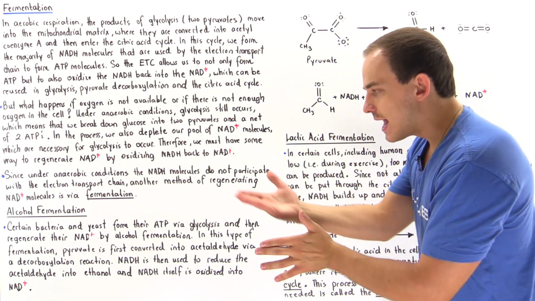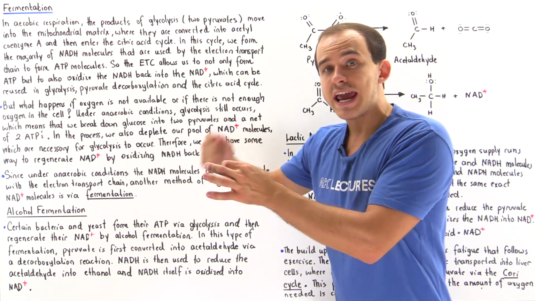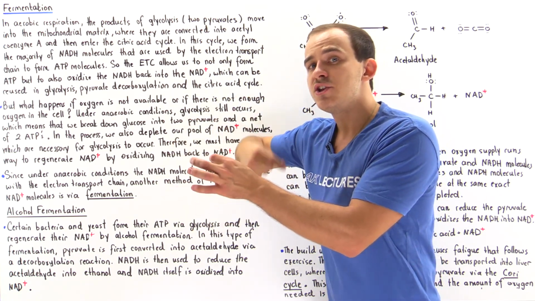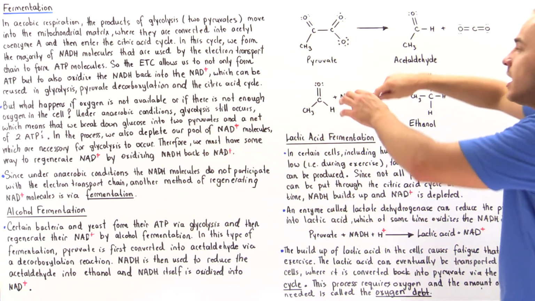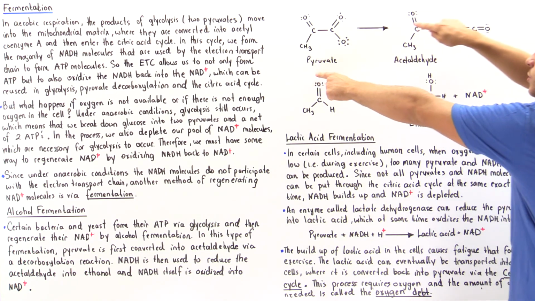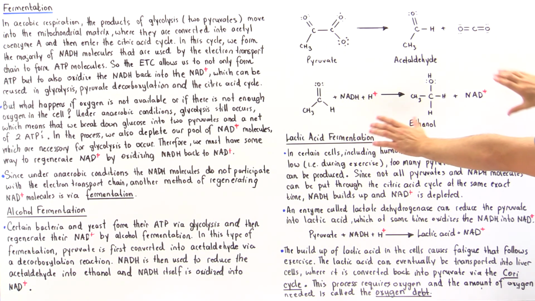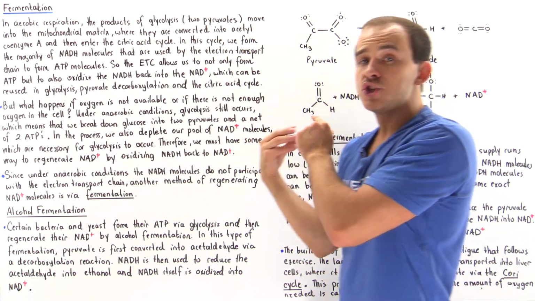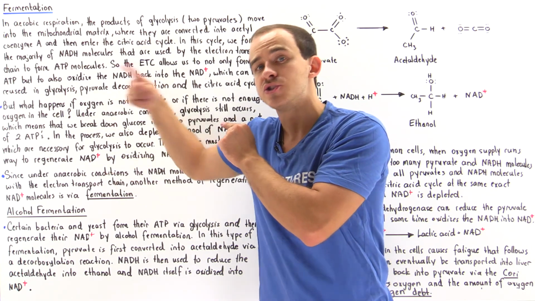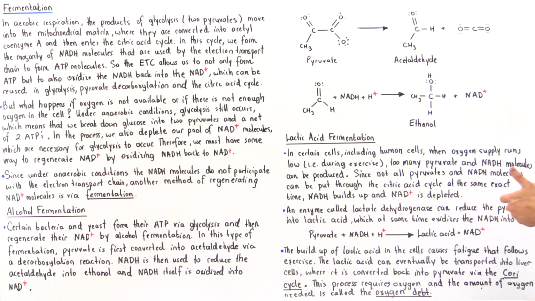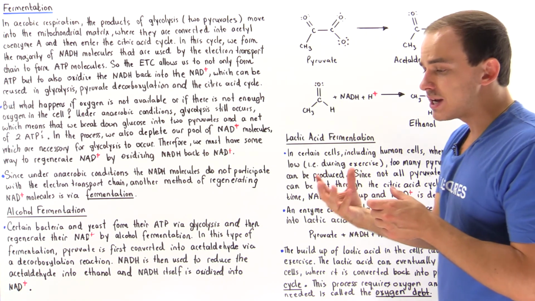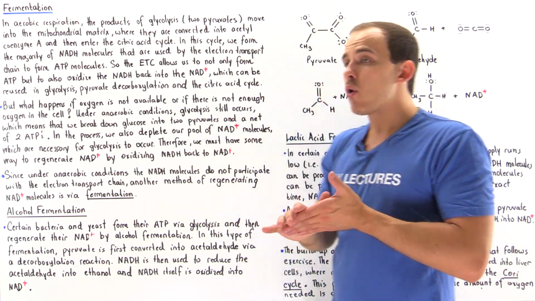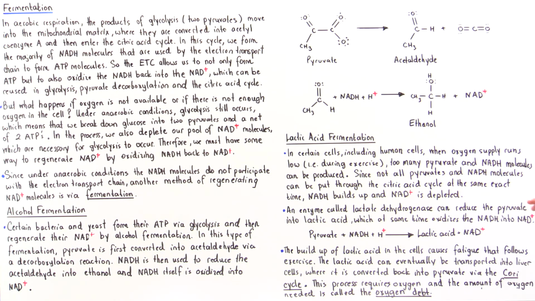So in yeast cells, for example, they produce ATP, and to continually produce the ATP, the pyruvate basically undergoes these two steps to produce ethanol as well as regenerate the NAD+, that can then go into our glycolysis cycle to produce even more ATP molecules. So this is how we actually regenerate and we reuse our NAD plus molecules.